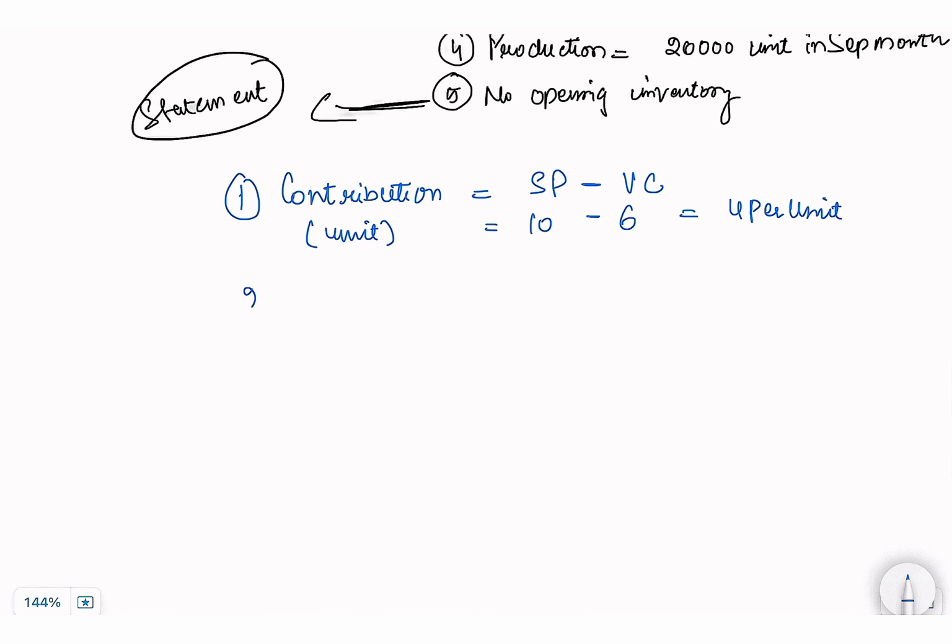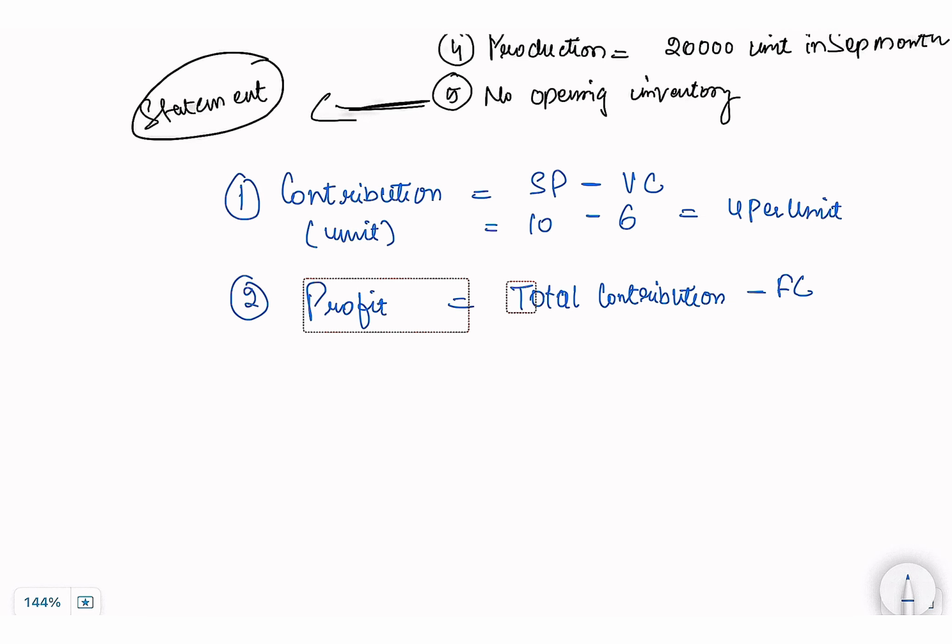Now next, second is profit. Let's find out the profit formula. Total contribution minus fixed cost. Okay, just remember the formula.